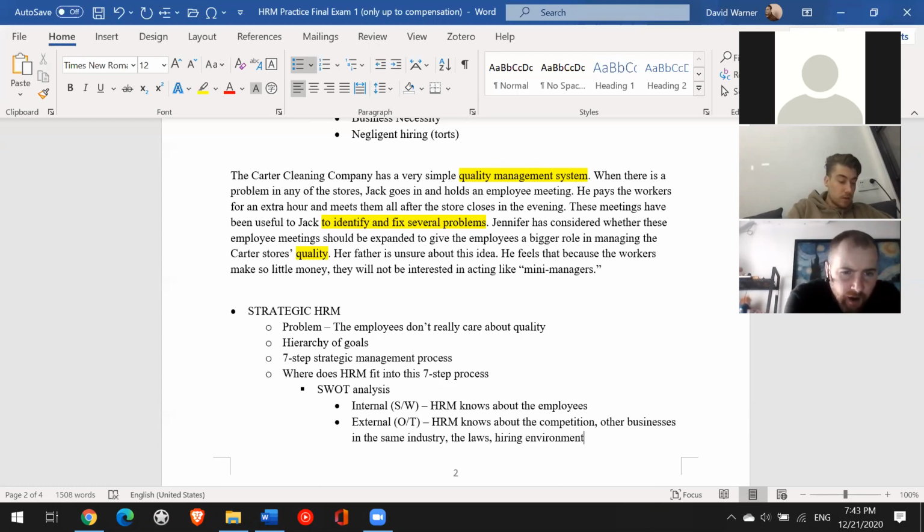Sure. So HRM knows about things that are internal, which is pretty much the employees, and HRM knows about things that are external, like the competition and the business environment. And those are valuable things. When Jack is considering making any sort of changes, right now he's not really fitting HRM into any of this.